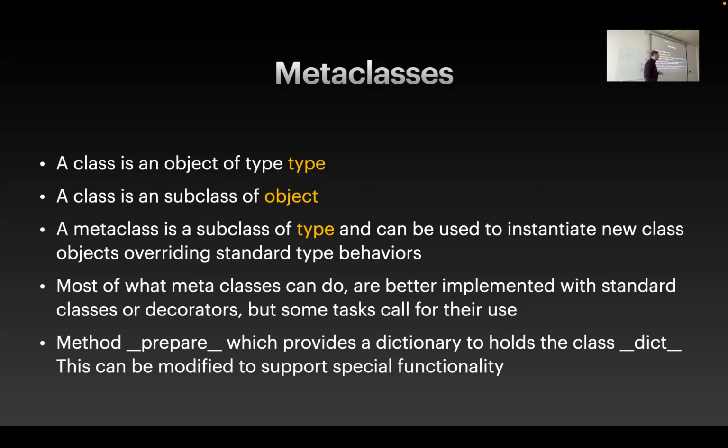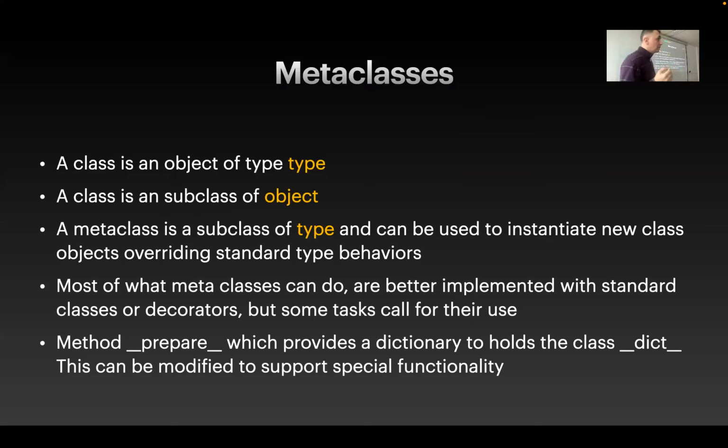Prepare is very peculiar. It creates the dictionary that is used for the namespace. This is usually done behind the scenes for you. When you initialize a class, the class body gets evaluated statement by statement. Everything that gets defined in the body of the class will be saved into the namespace of the class in this dictionary, which is usually a normal ordered dictionary.